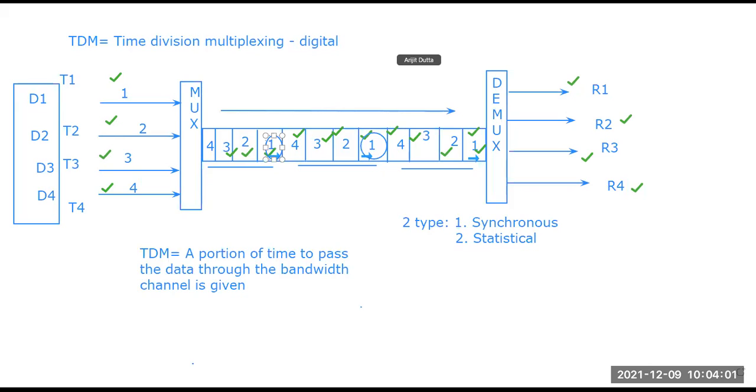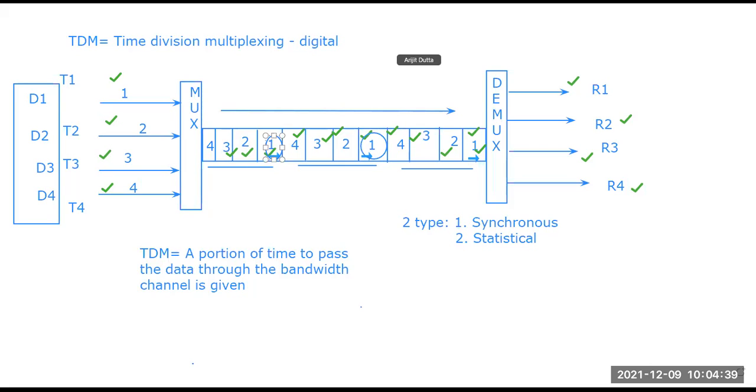So here some modification has been done in the form of statistical TDM. So what is statistical TDM doing? In the concept of synchronous TDM, the time slots are allocated statically. As they are allocated statically, every time that device will have the opportunity to send the data, whether the data is present or not; there is no lookout for that.